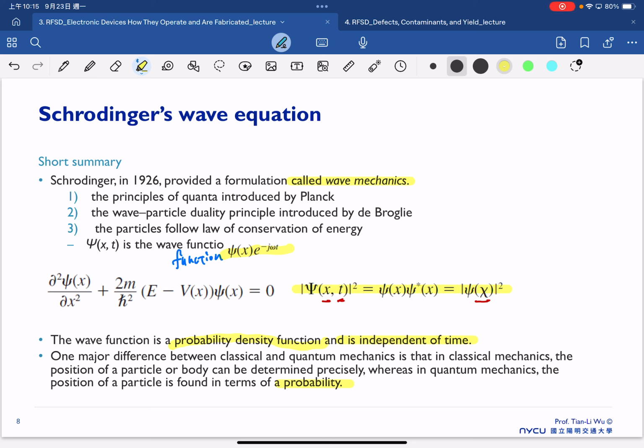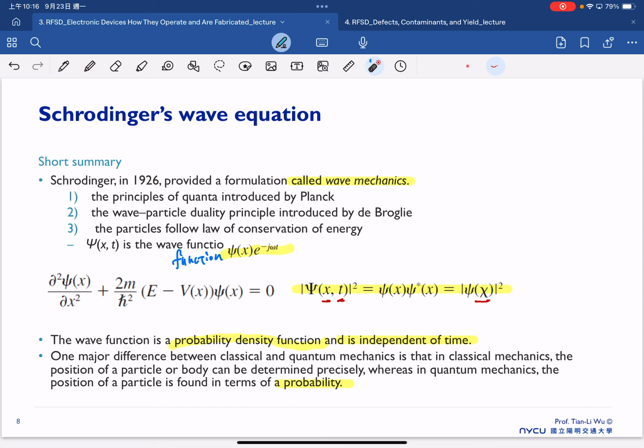So the main difference between classical and quantum mechanics is that in classical mechanics, we can determine the particle or body precisely, but in quantum mechanics, we can only describe the particle in terms of probability. We can only find the probability of this particle, but we cannot determine the carrier or the body very precisely. So that's what quantum mechanics tells us.